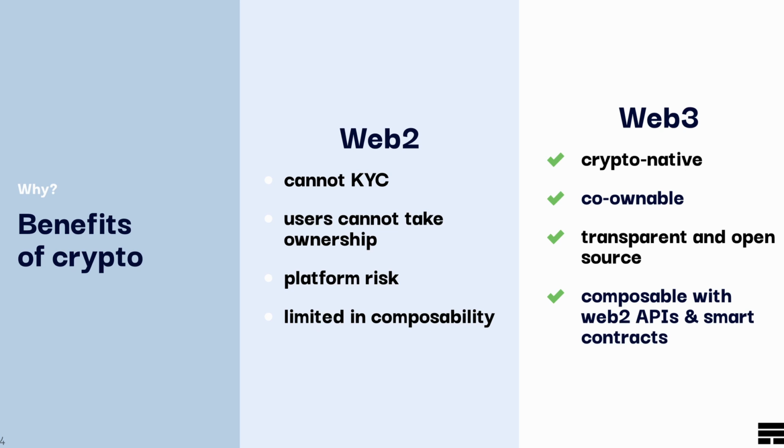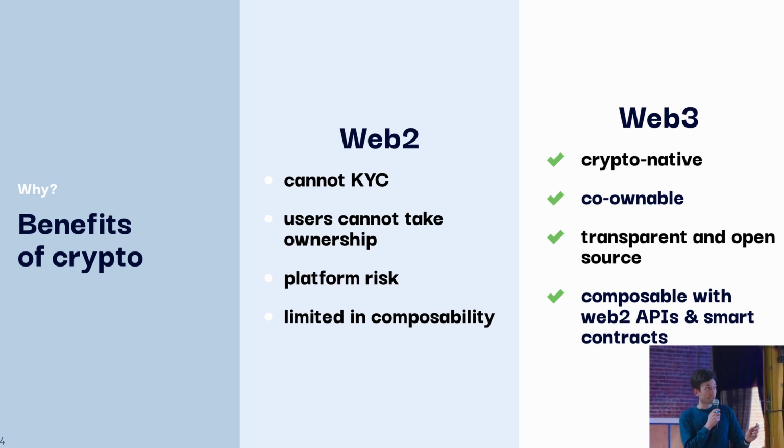So I have 10 minutes, so I'll be very fast on that, but I'm sure others motivated the intersection of crypto and AI. Some find it contrived, but it really isn't. If you look at some of the problems you have with building AI systems, autonomous systems, other kinds of applications in Web 2, they're very quick to list.